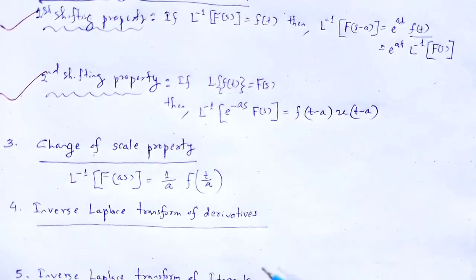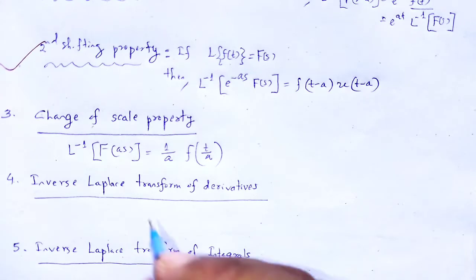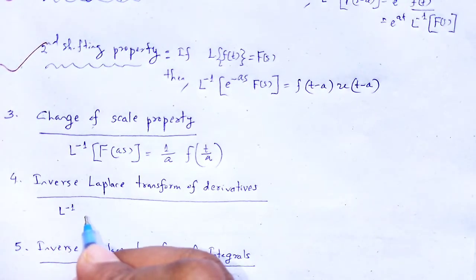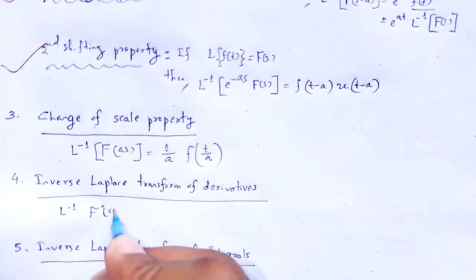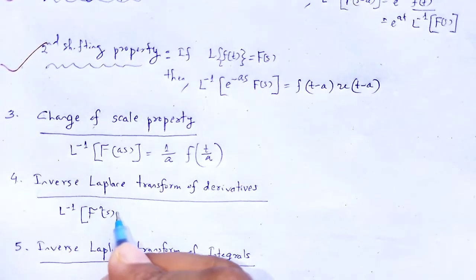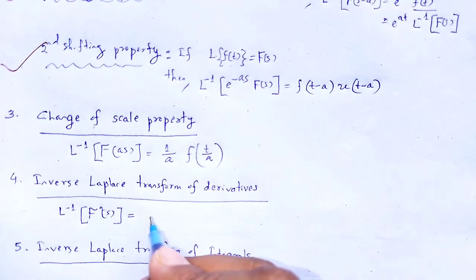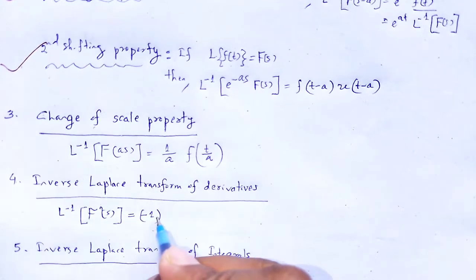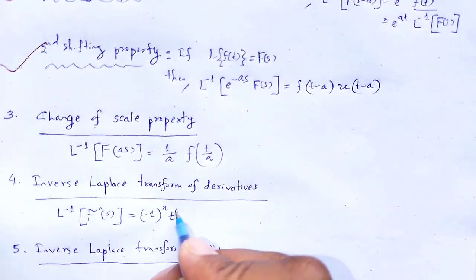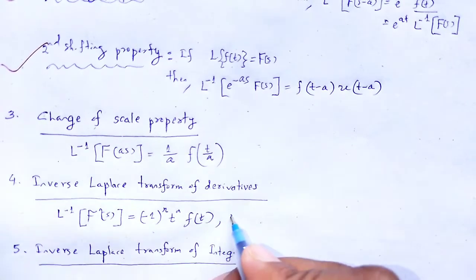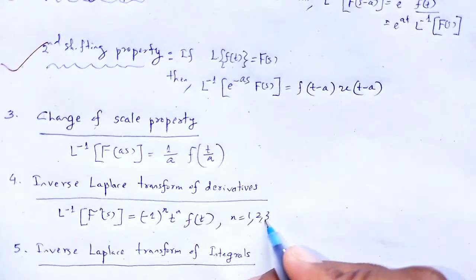Next, inverse Laplace transform of derivatives. Inverse Laplace transform of the nth order differentiation F^n(s) is equal to minus 1 to the power n, t to the power n, f(t), where n stands for 1, 2, 3, and so on.